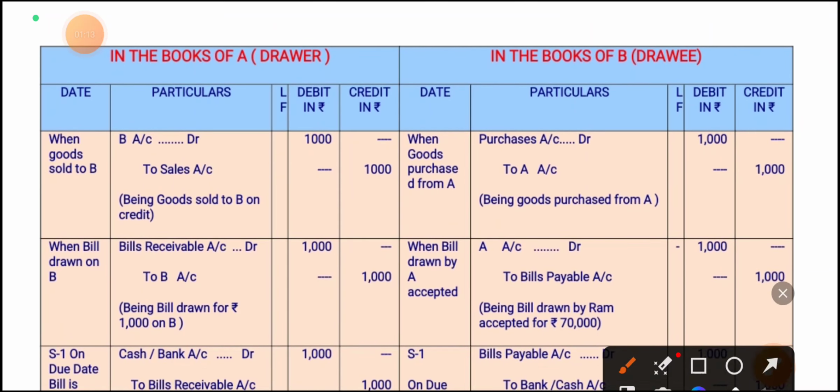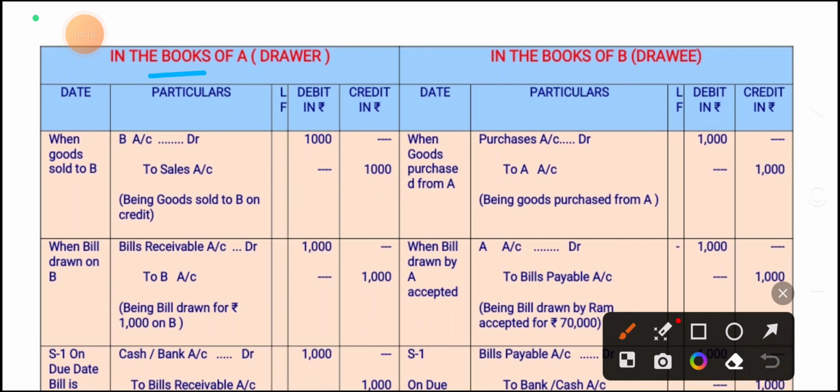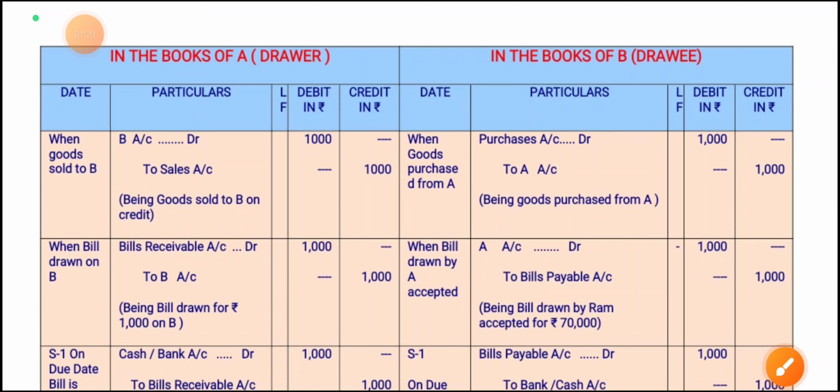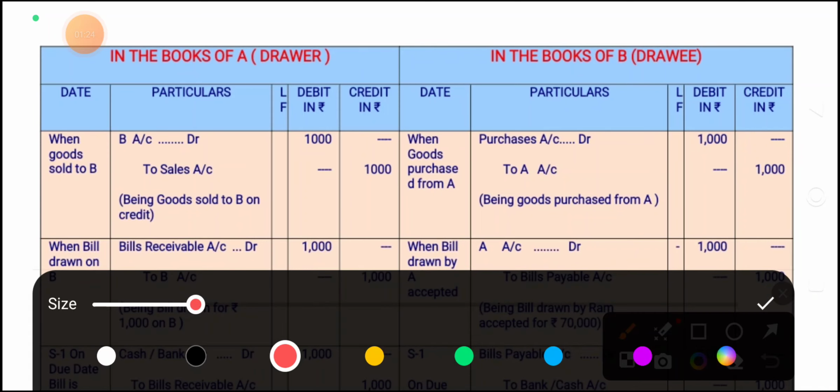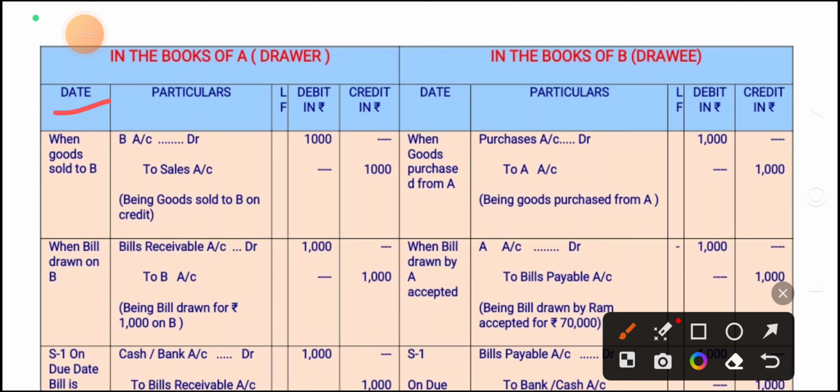First, in the books of drawer we are having the general entry format: date, particulars, LF, debit in rupees and credit in rupees. Similarly, in the books of drawee, I am telling simultaneously for each transaction what will happen in the books of drawer and in the books of drawee.